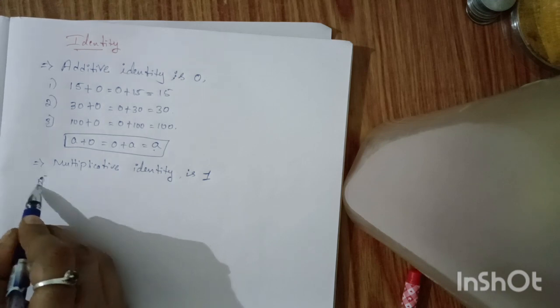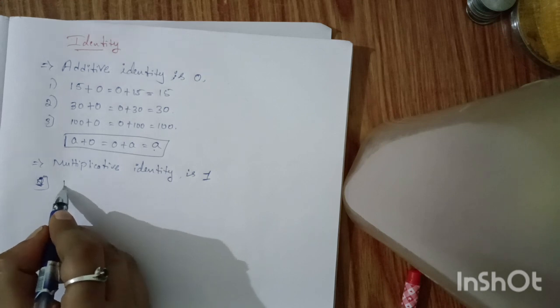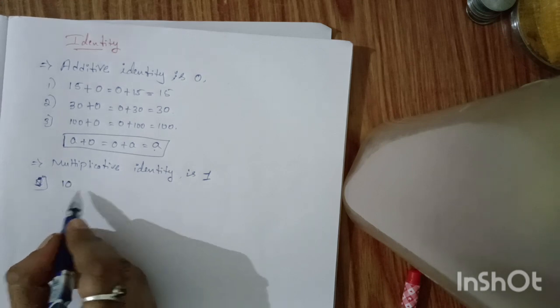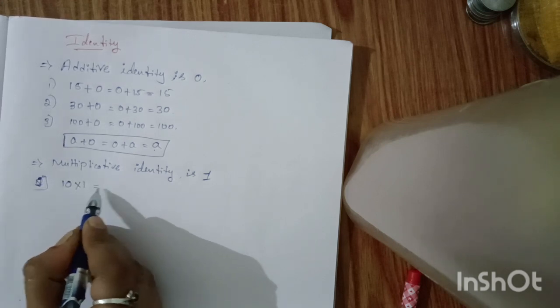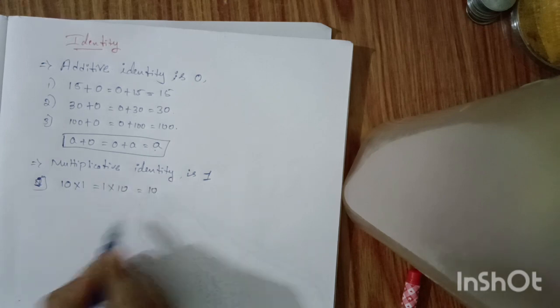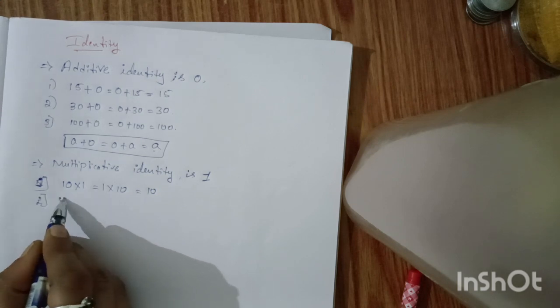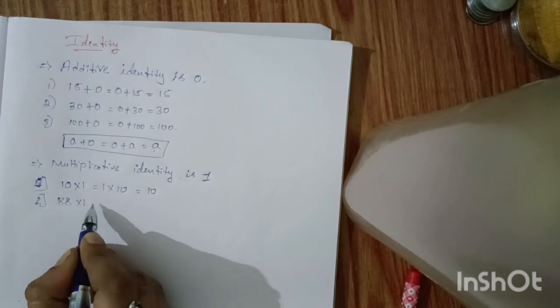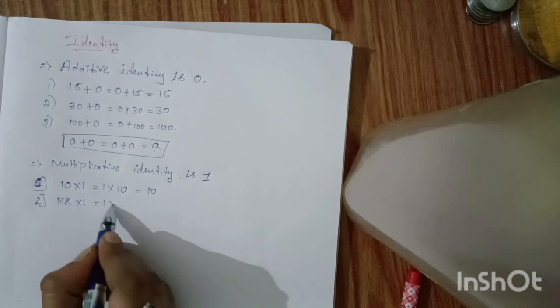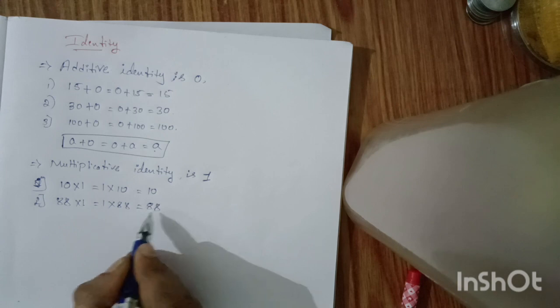Let's check this property by taking any whole number. Take 10 as a whole number: 10 into 1 or 1 into 10. So what do we get? 10 only, right? Next example: 88 into 1, or 1 into 88. We get again 88. Correct?